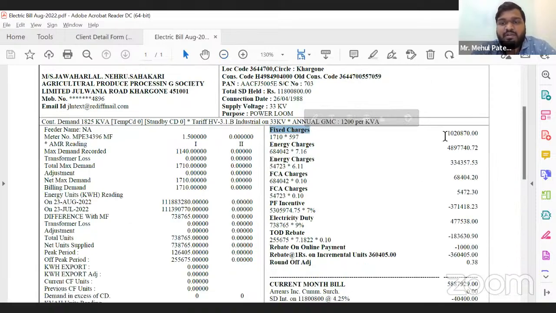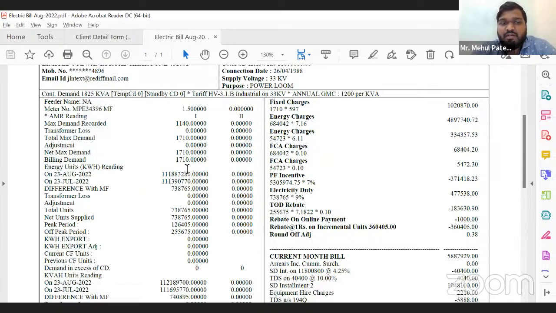I'll just zoom out. As you can see, for this customer, almost 10 lakh rupees are the fixed charges. The customer needs to pay these compulsorily, because these are the connection charges that they have taken. The contract demand that they have taken is 1825 kVA.